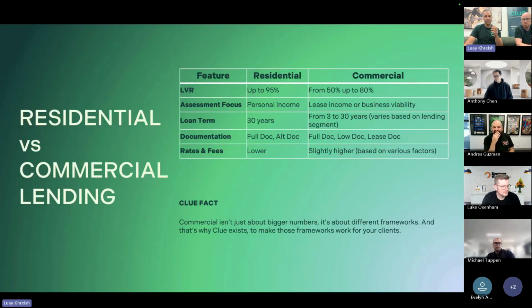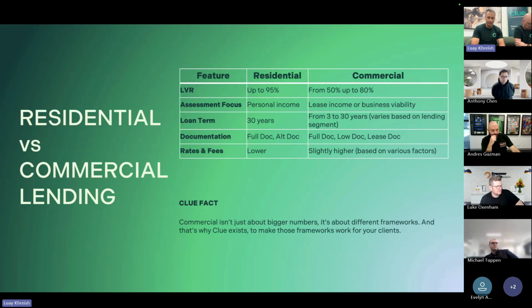So here are the key differences, guys. So residential, LVR, you can go up to 95%. Commercial, it's more like 50 to 80%. And there is scope to go a little bit beyond 80% for certain professionals, etc. However, the traditional LVR, and it's really based on segmentation, which Eamon will touch on in a second.